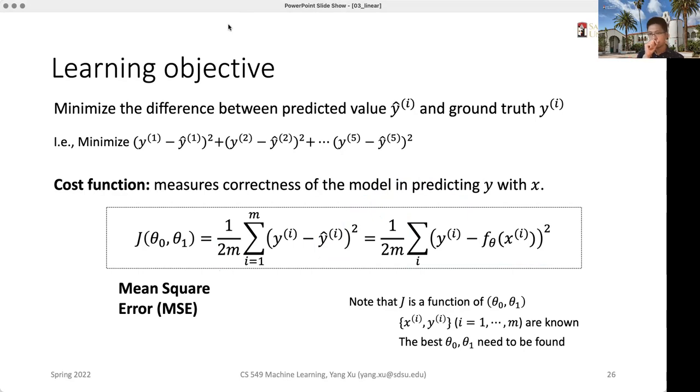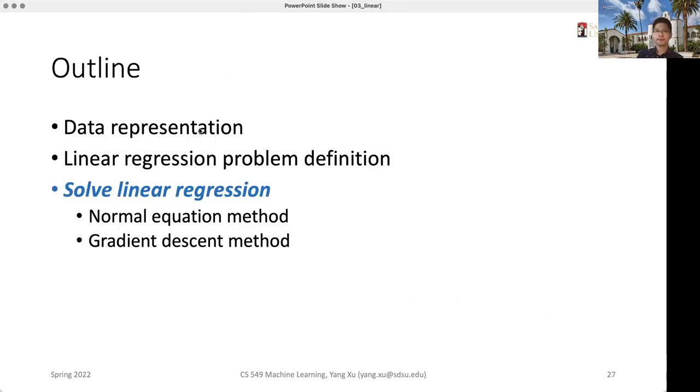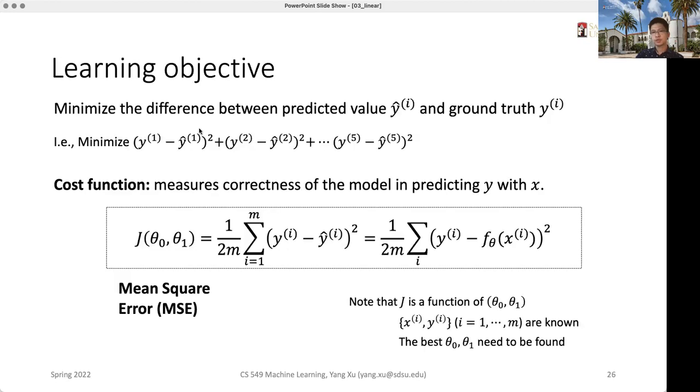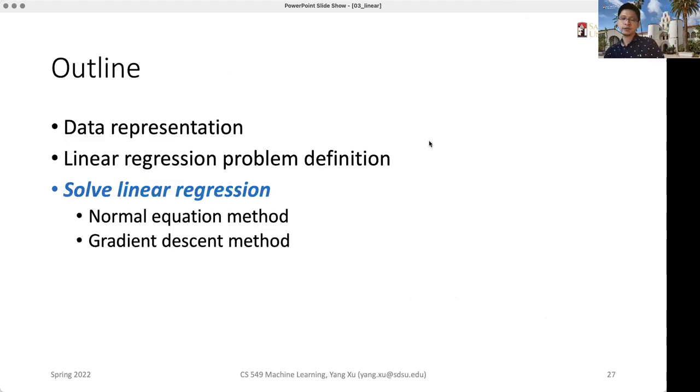So what we need to find are those theta 0 and theta 1 that minimize this cost function. Now that the problem has been defined, let's step into the next part. How do we solve the linear regression problem?